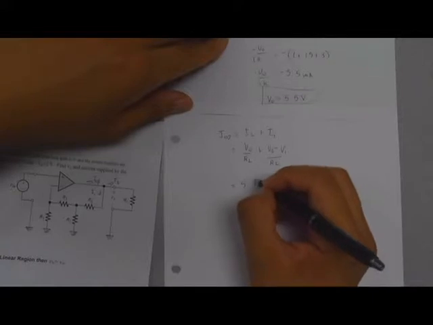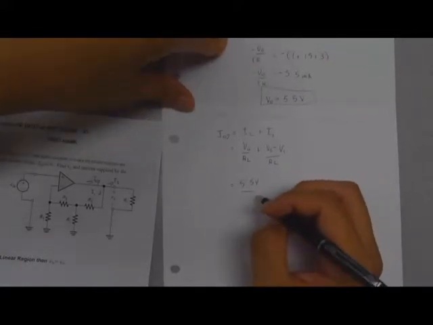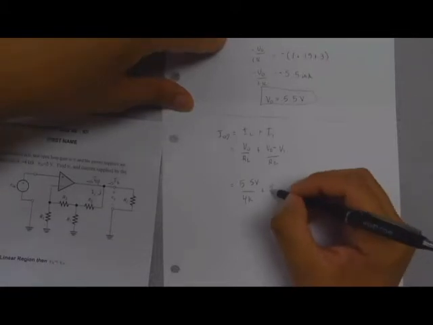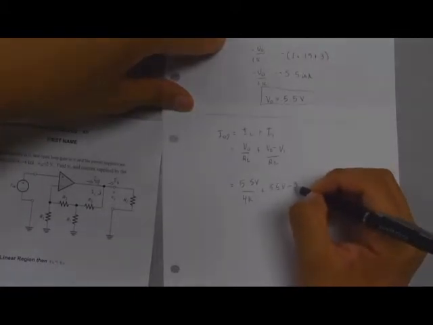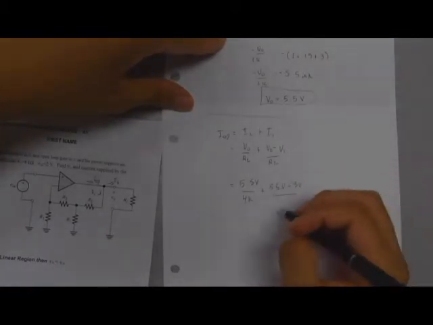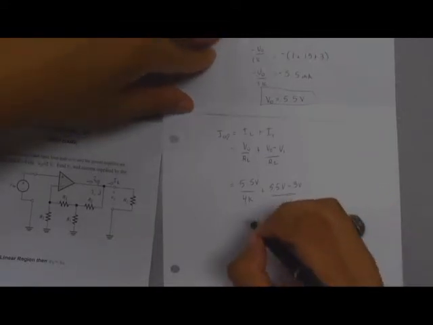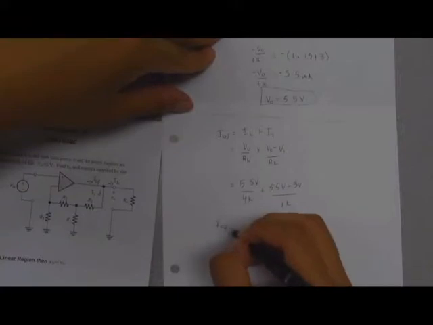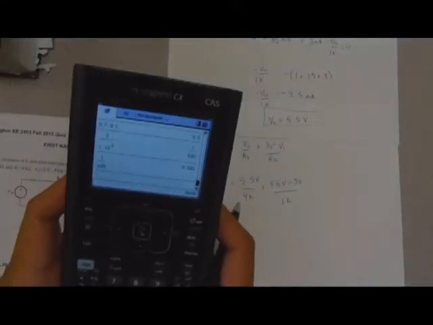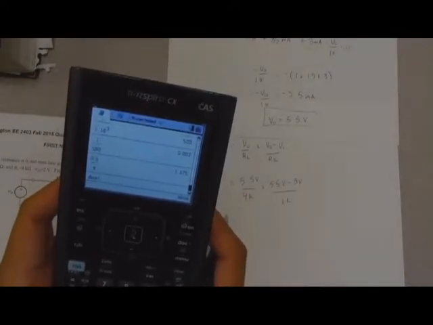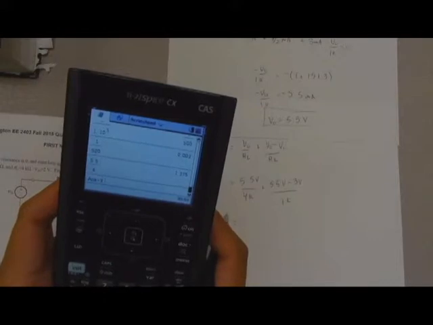Voltage out is 5.5 volts. RL was given as 4K ohms, plus 5.5 volts minus 3 volts over R2, which is 1K. So I op amp is going to be 5.5 divided by 4 plus 2.5.